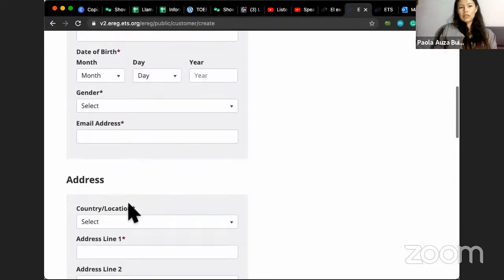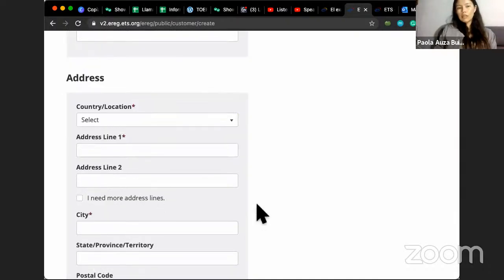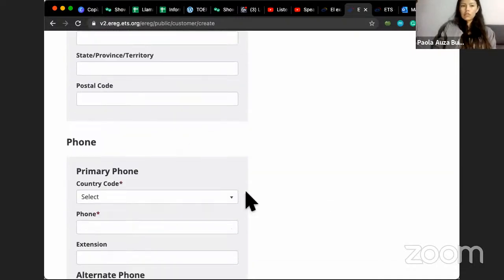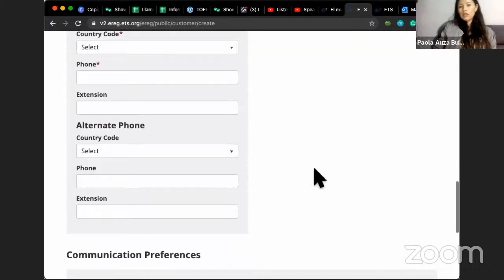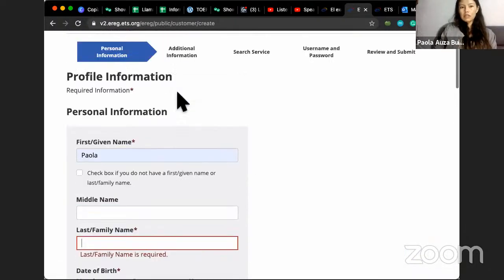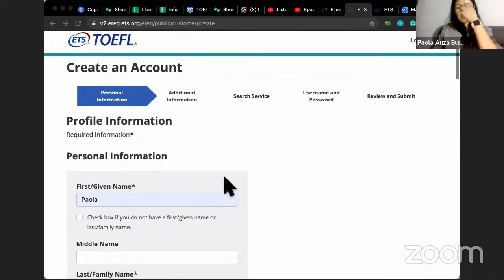En el caso de que tal vez ustedes vivan, sean de un país y vivan en otro, ahí lo van a detallar, ¿no? Les va a decir lugar, país de nacimiento, etcétera. Entonces son básicamente 3 páginas. Obviamente no me va a dejar pasar porque no estoy llenando, pero es para llenar con calma, ¿ya? Si tienen problemas para llenar o crear su usuario, me dicen, pero es bastante sencillo, ¿no?